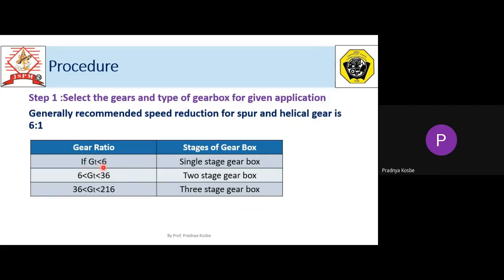If total gear ratio is less than 6, then it is a single stage gearbox.